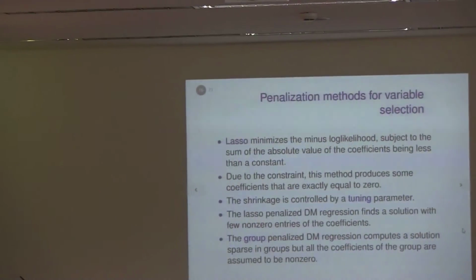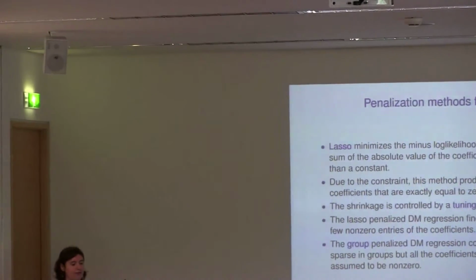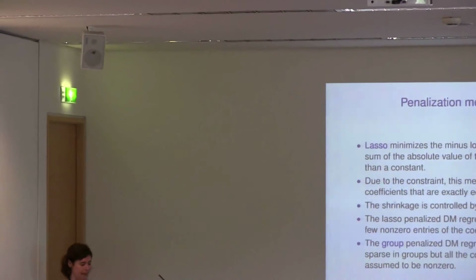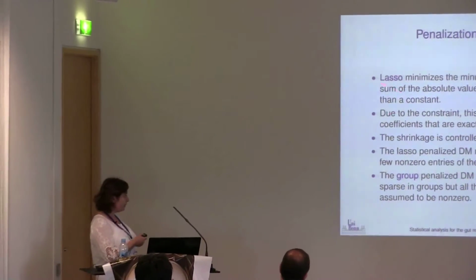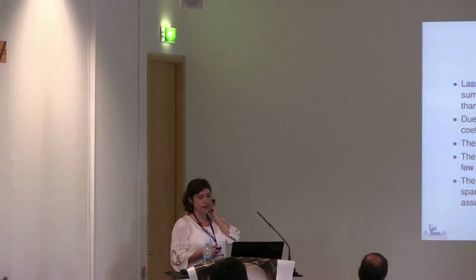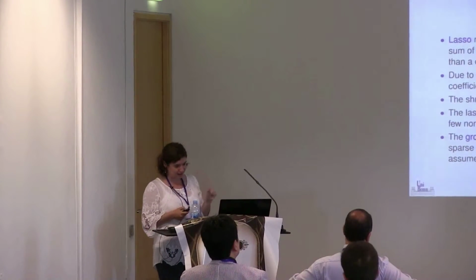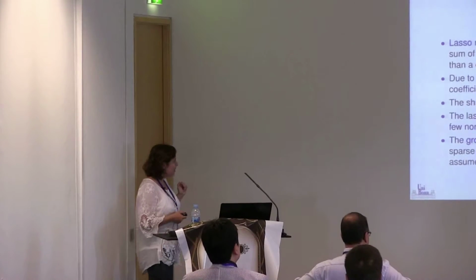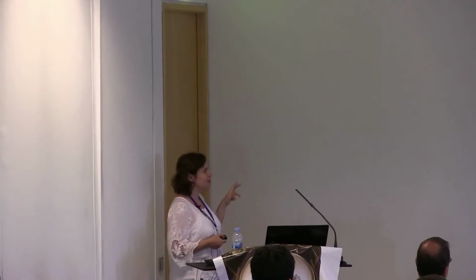And that's why the statisticians are trying to use variable selection methods. One very well known is lasso. This minimizes the minus log likelihood subject to the sum of the absolute value of the coefficients being less than a constant. Why did I put this? Well, because this constant actually makes you put some coefficients to 0.